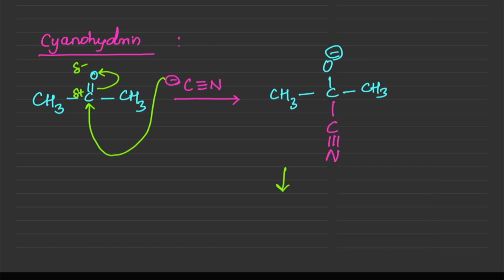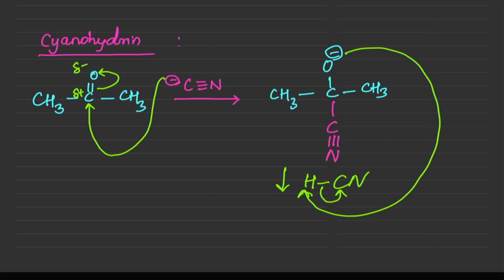So our reaction is going to have HCN. Basically, it is going to abstract the proton to recreate the cyanide ion. So you can get CH3, C, OH, and CH3, and we already have our CN right there.